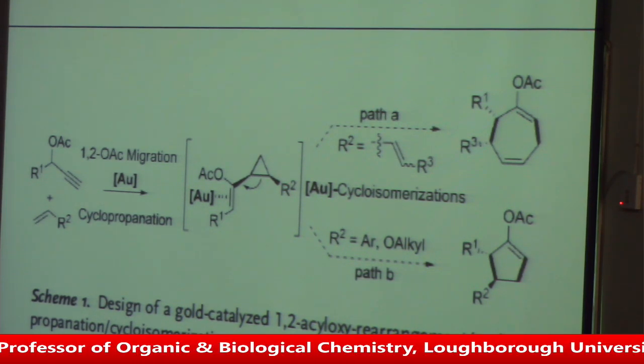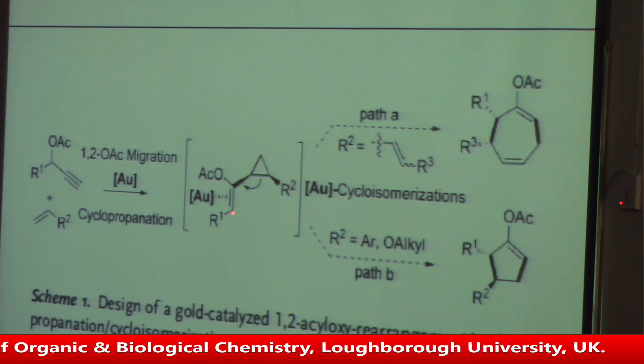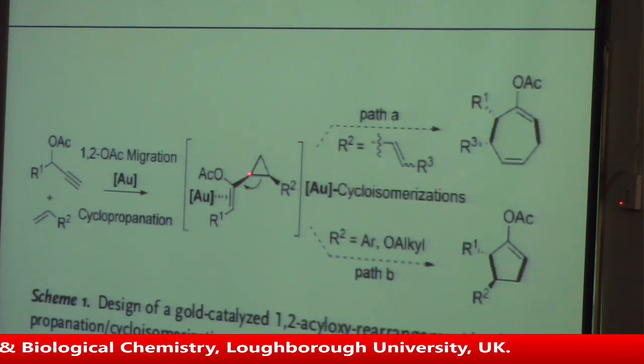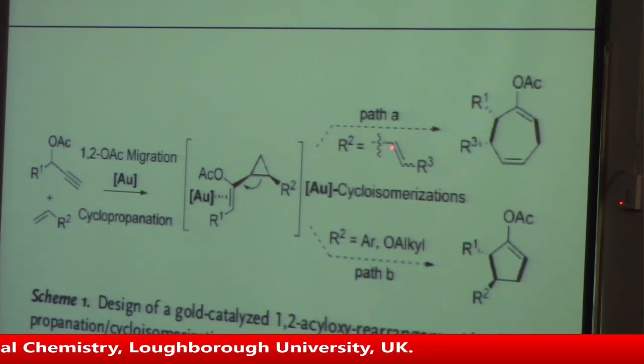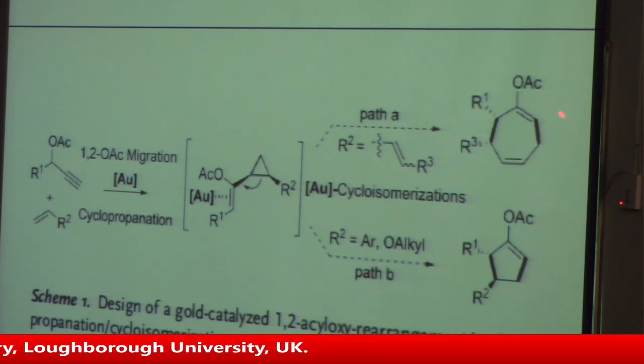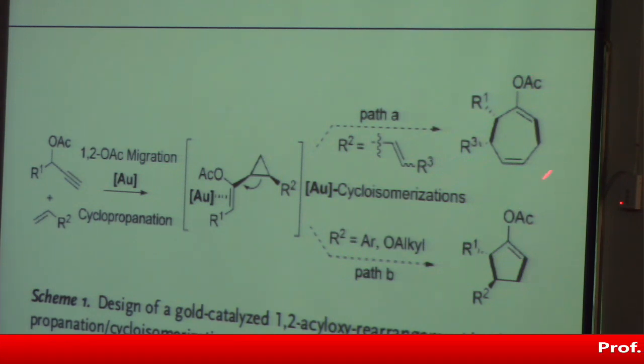And that's of interest because that then is set up to do a Cope rearrangement. 1, 2, 3, 4, and then a double bond 5, 6. So that's where the 7-membered ring in the example that was on yesterday's slide comes from.